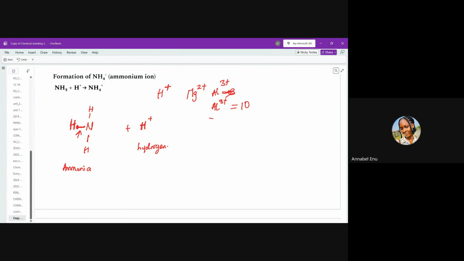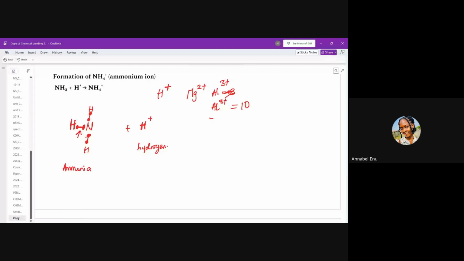Let's assume this dot here and this dot here are the 2 electrons that make hydrogen stable, and this bond is also made of 2 electrons, and this bond too. These 2 electrons are called a lone pair in chemistry.